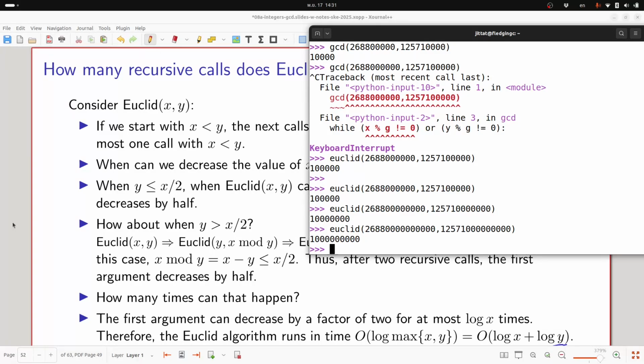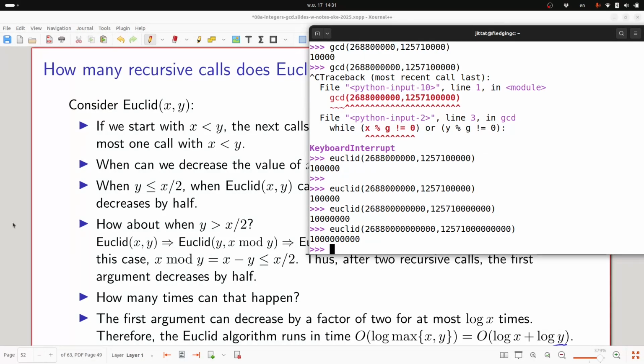The reason why it's really fast is because every time it makes a recursive call, you divide the number by 2. Not every time, but at most 2 recursive calls, the number gets divided by 2. If you think about this in terms of digits, dividing by 2 doesn't decrease the number of digits, but if you divide it by 2 like 4 times, the number of digits in decimal decreases by 1.